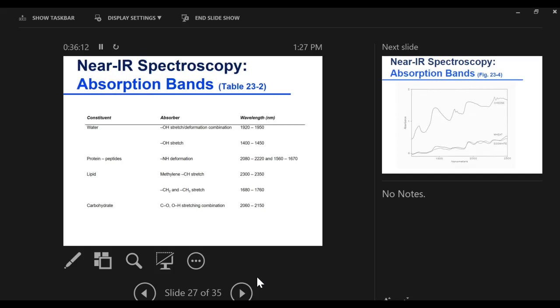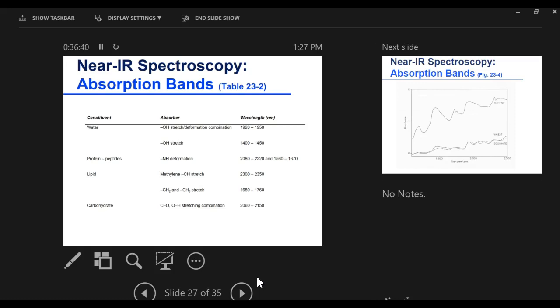For protein, we look at the amine deformation, or stretching and bending. You can see this happens at multiple wave numbers. So it's not only one particular wave number, it can happen at multiple regions. And then the lipid is the methylene, CH2, CH3. Also, this happens at different wave numbers. And carbohydrates, CO and OH stretch, and this happens over this particular range.